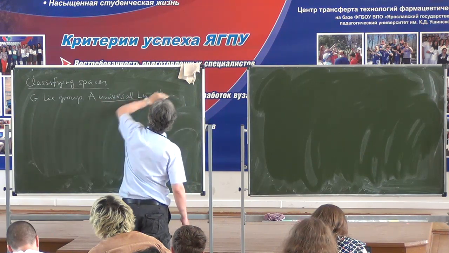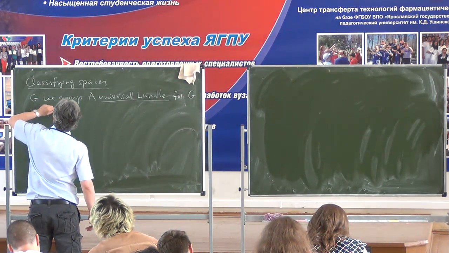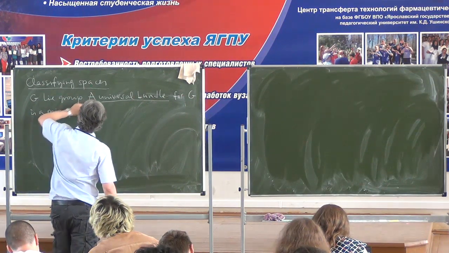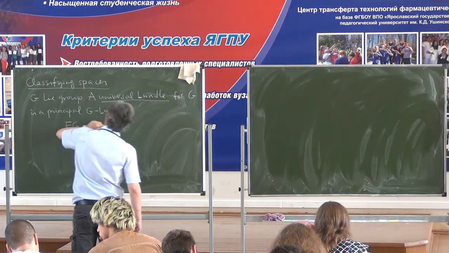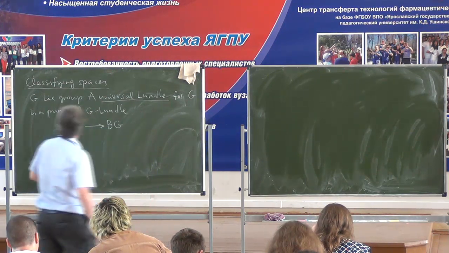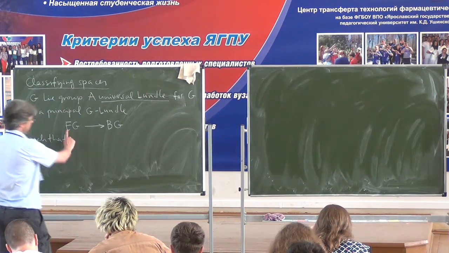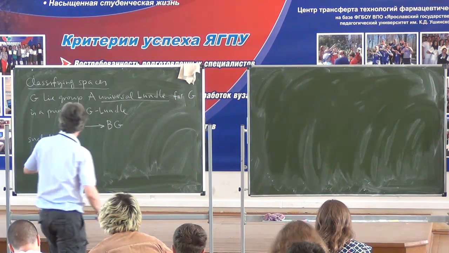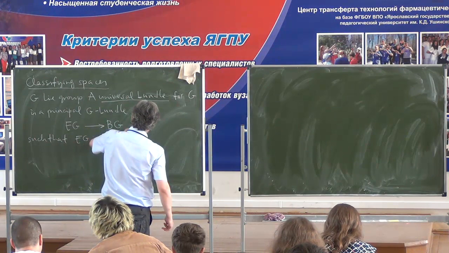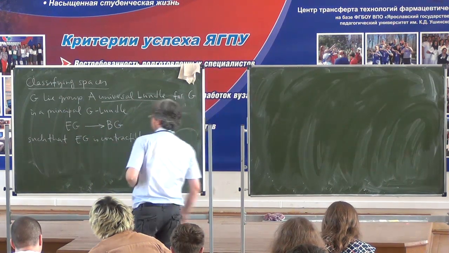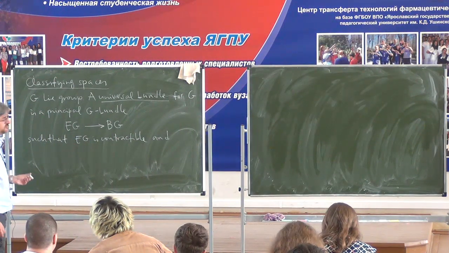A universal bundle for G is a principal G bundle such that the total space is contractible and the base has a structure of CW complex.